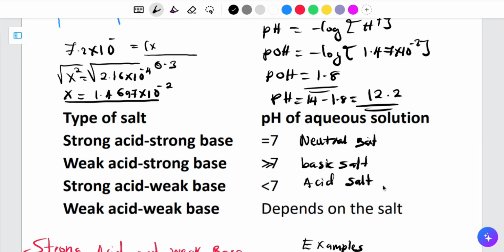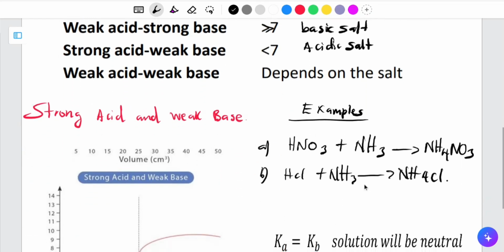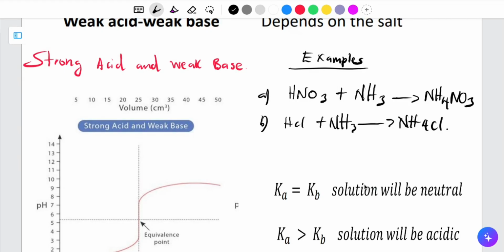Then the reaction between a weak acid and a weak base, this one depends on the salt. So you can have a neutral salt, a basic salt, or an acidic salt. So that is one thing that you need to know. So here we have a strong acid and a weak base.